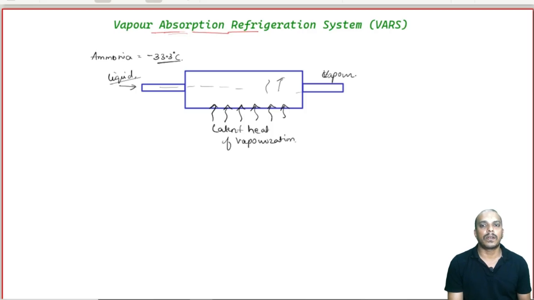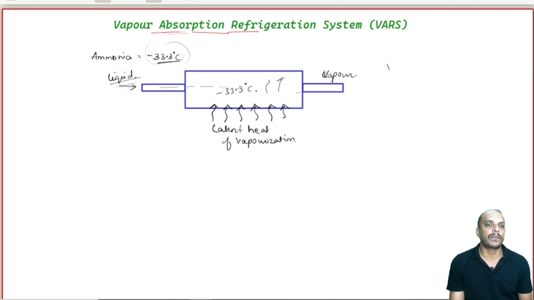Otherwise, the other way of doing this is if you pressurize it, you can make it liquid. So, I pressurize this ammonia so that it becomes liquid. If you have this ammonia in liquid state at higher pressure, we can drop the pressure. Then this gives me the cooling of minus 33.3 degrees Celsius. That is the idea, right.